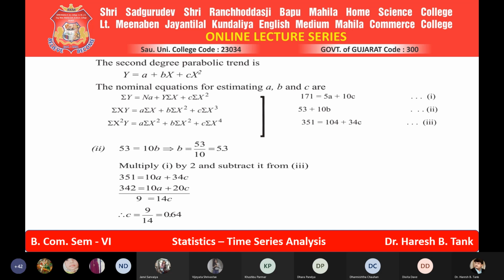The equation is y is a plus bx plus cx square. You will have three different equations by which you will get the value of b as 5.3, the value of c is 0.64.